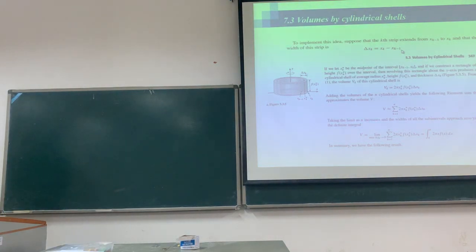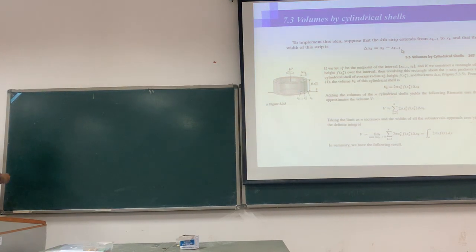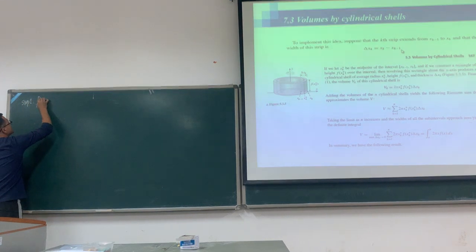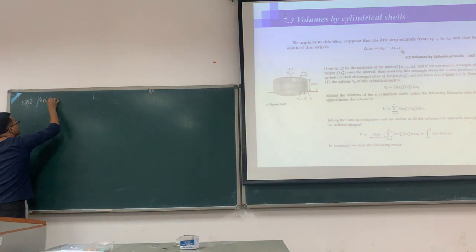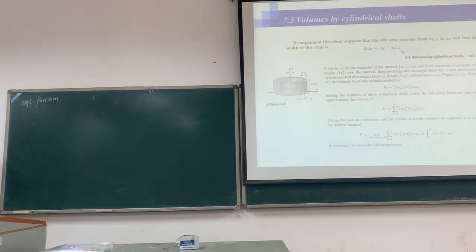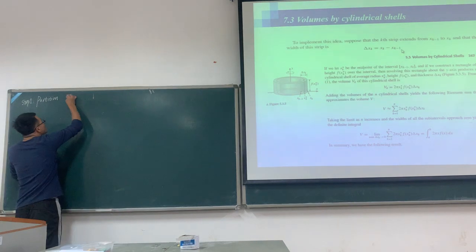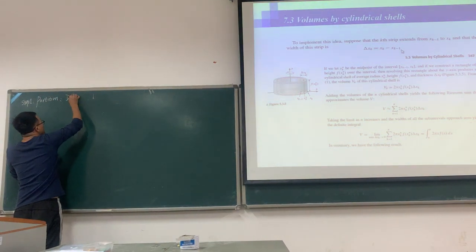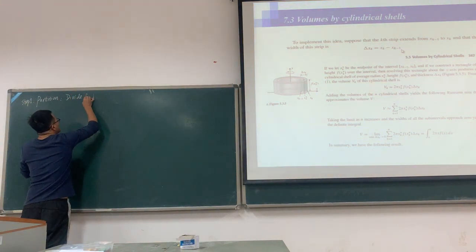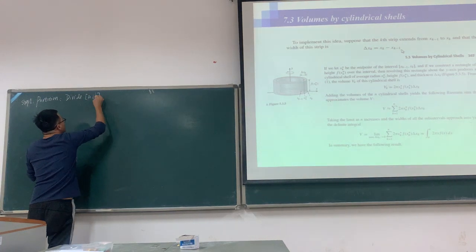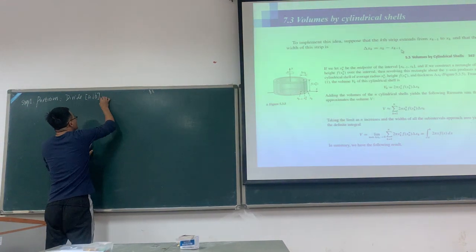So it's the same. The first step is the partition, step 1. Here we divide [a, b] into n subintervals.